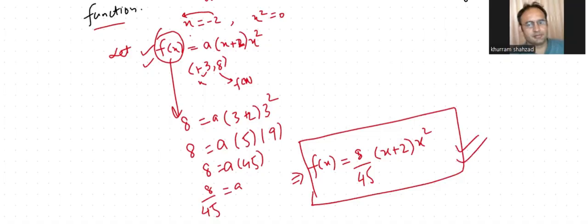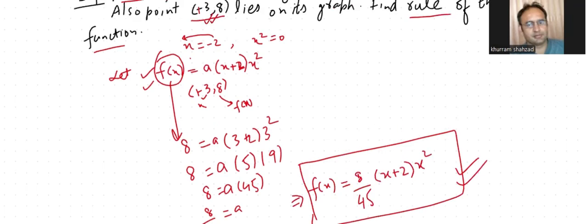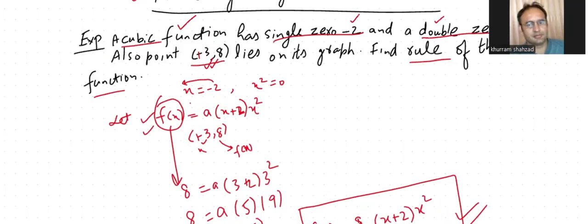Hopefully you have understood this. So these zero values are helpful to find the function also. Like in this example, negative 2 was the single zero and 0 was the double zero. It means that negative 2 was appearing only once in this function, and 0 was repeating twice.